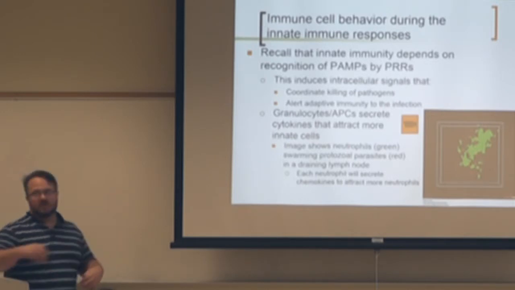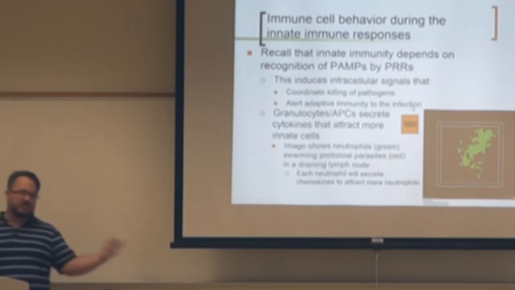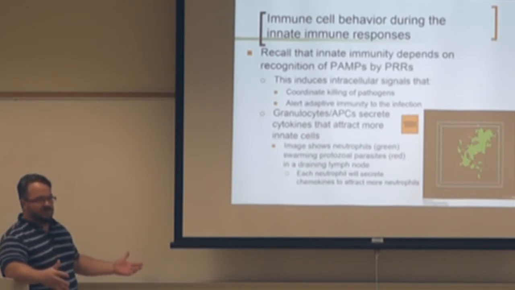It doesn't necessarily mean that it's infected, but damage can cause an inflammatory response as well. And this induces intracellular signals that coordinate killing of pathogens. They alert adaptive immunity to the infection. So again, like the example of skin, you have dendritic cells, and in this case, dendritic cells don't have a specific receptor.